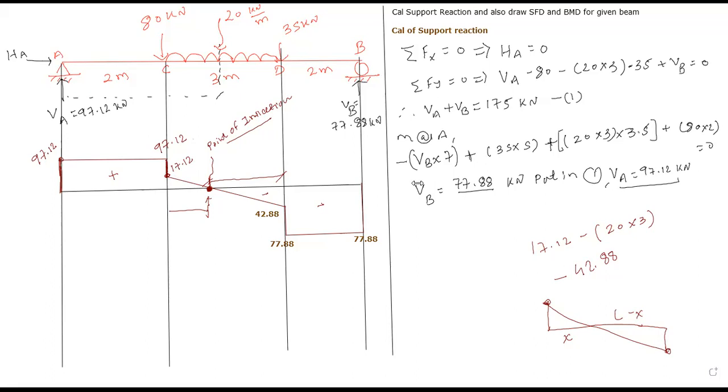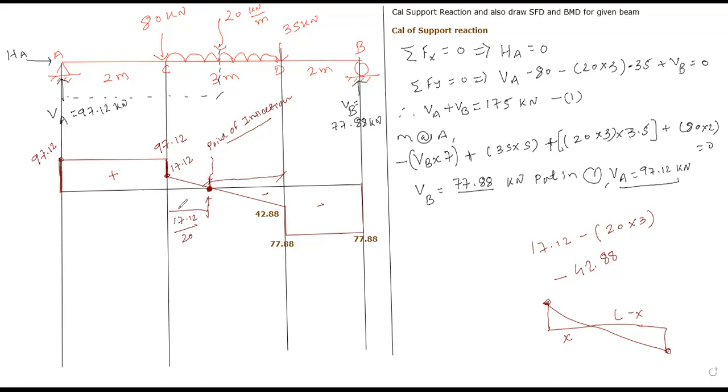Good, Bhargav. I hope all of you are clear. We need to consider the latest value. Your latest value is 17.12. What you have to do? 17.12 divided by UDL. Keep in mind, you need to consider only UDL, not convert into total load or point load. Divide by 20.